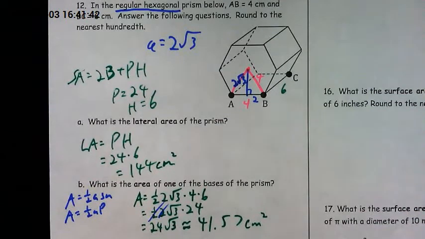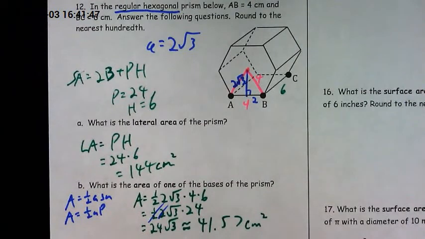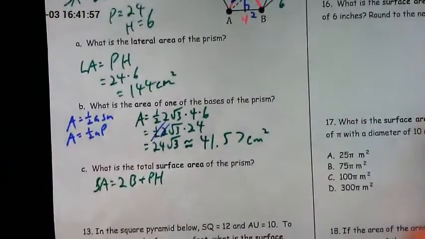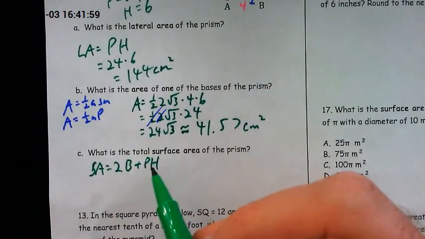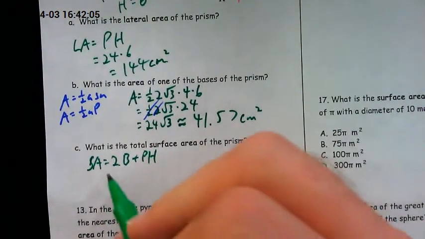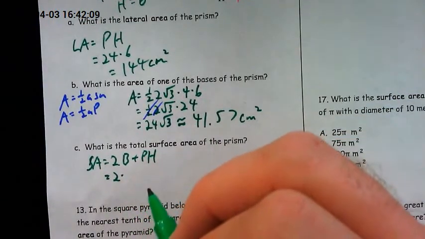All right. Now, total surface area. Well, we have lateral area. We have our base area. So our formula for a prism, again, 2 times base area plus perimeter times height. I just rewrote the formula I had written up at the top. Now, we don't have to do perimeter times height all over again. We already did that. But we do have to make sure we multiply this value by 2.